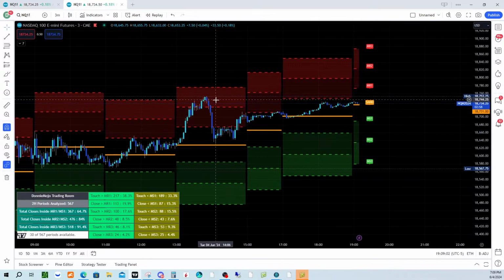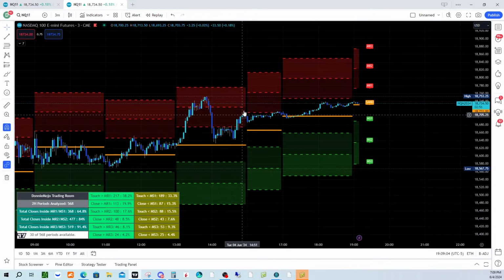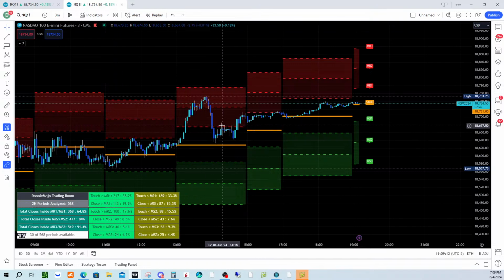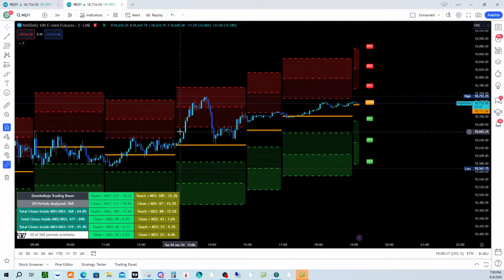So within that 2-hour period in this particular zone, did it close above the MR1? Basically 20% of the time.